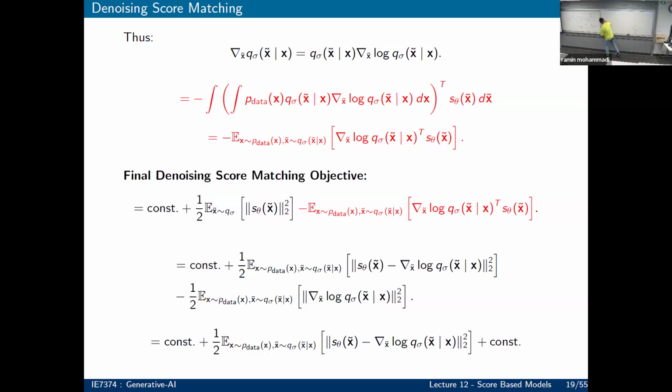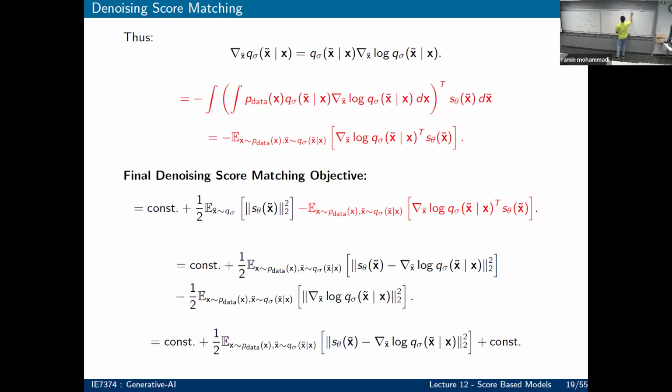So we have this 1/2 norm 2 of s theta x, and then we have minus, there's no 1/2, expectation over x and x bar. I'm just going to write it like that. Then we have gradient x log q x bar times s theta, sorry, s theta x bar.